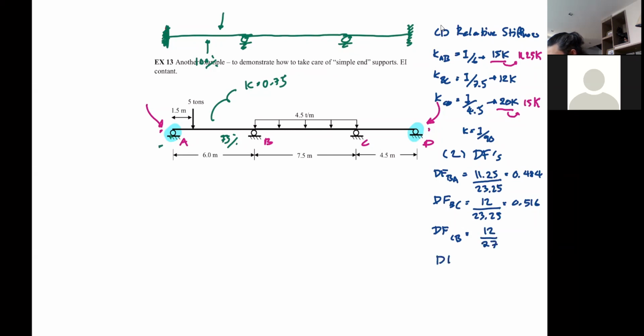And for the distribution factor of member CD, it is 15 over 27. That is 0.444, which means this is 0.556. Okay, is there any question around here?